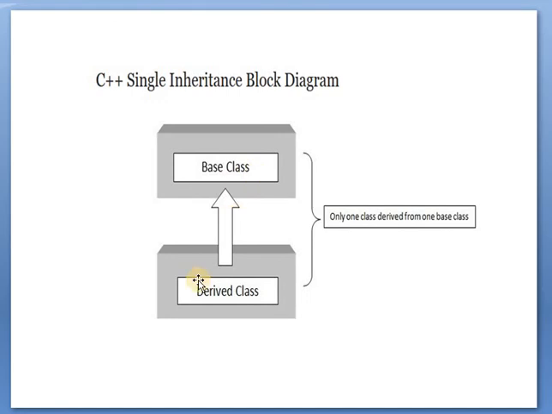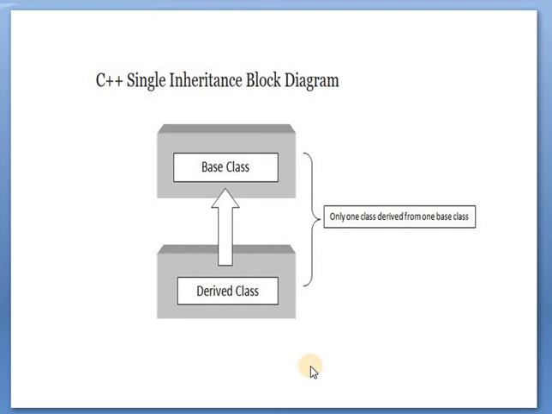This is the base class and this is the derived class. Only one class is derived from one base class. All the public, protected and private features of the base class will be derived in the derived class.